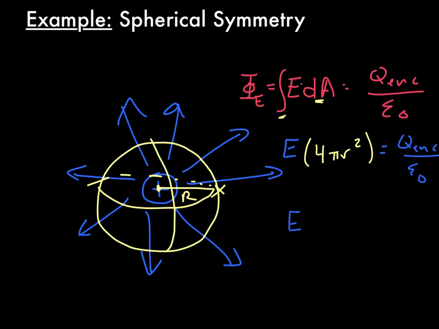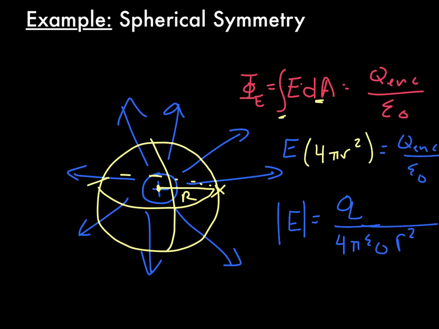So if you solve for E, you get, by the way, this only solves for the magnitude. You have to apply the direction yourself. So E equals Q over 4 pi epsilon naught r squared.